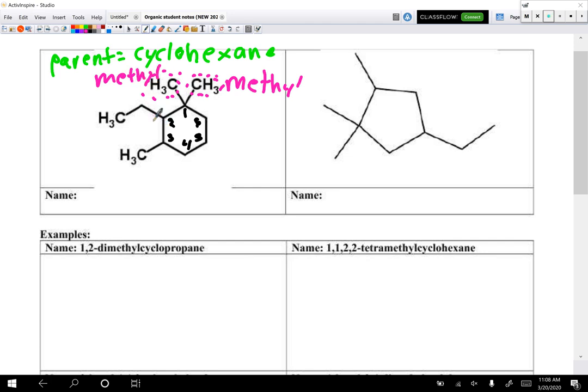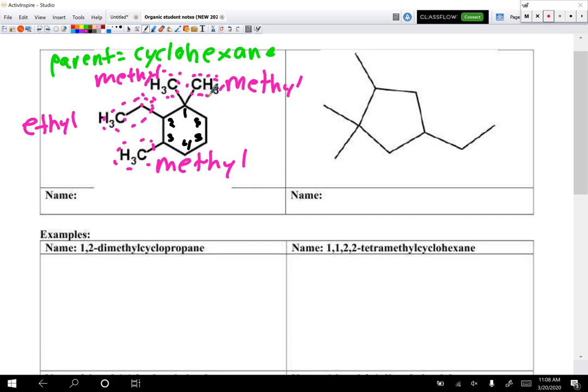This one right here, we notice that we have 2 carbons connected in a row, so this is ethyl, and then down here we have methyl. So just notice the difference between having 2 methyls up here at carbon 1 and an ethyl, right? An ethyl is 2 carbons connected one after the other. These are just 2 methyl groups off the same carbon.